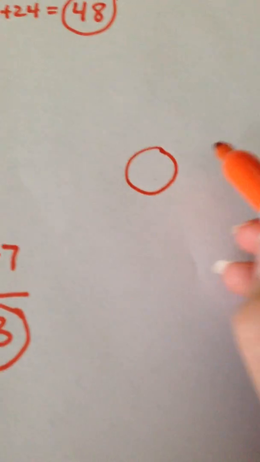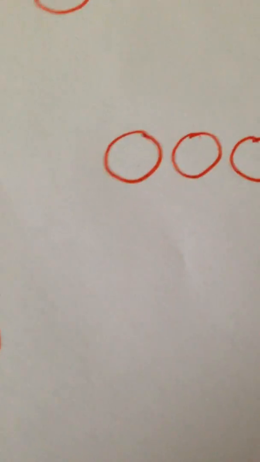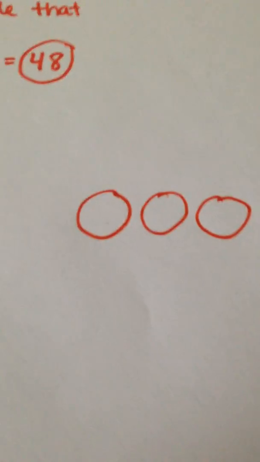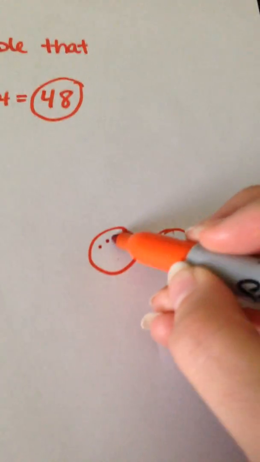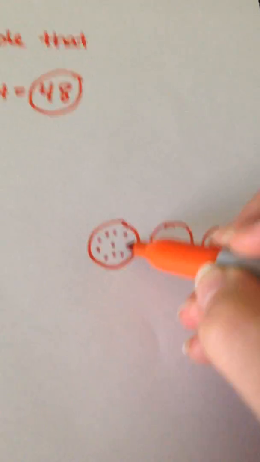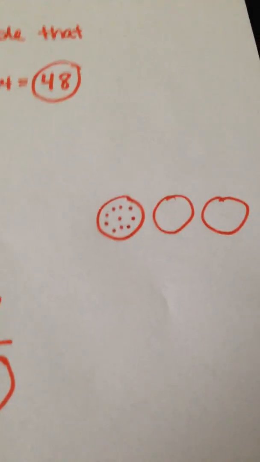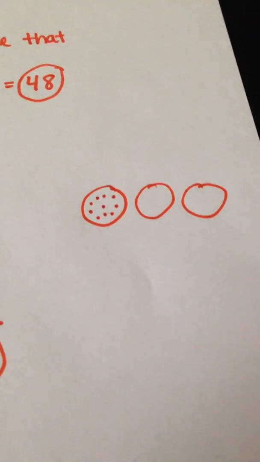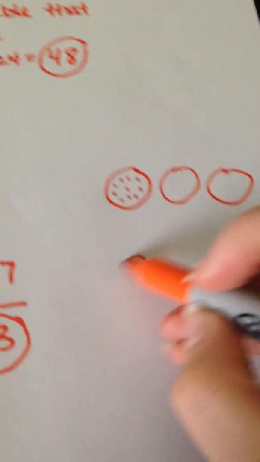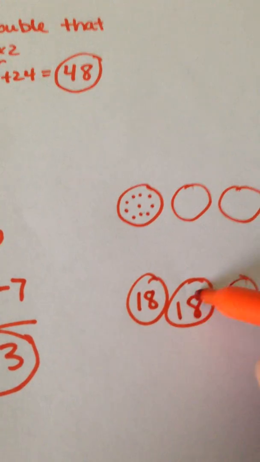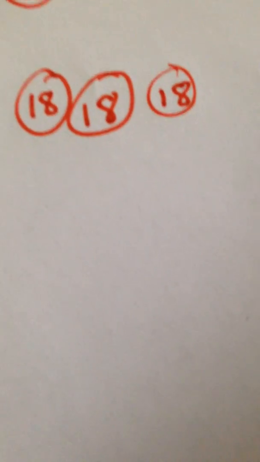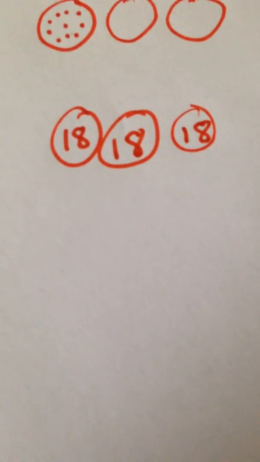So for example, if I had them using a grouping model here and it was showing 3 groups of 18, I would never want them to go 1, 2, 3, 4, 5, 6, 7, 8, 9, 10, and so forth, to fill up their grouping, because it just takes so long and it's really not helpful. And so instead, if they were going to draw a picture, I would want them to draw something like this, and this is perfectly fine. But I'm trying to teach them to use good picture models instead of picture models that are so long.